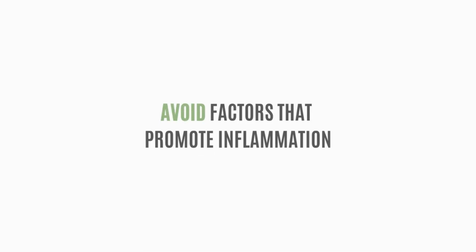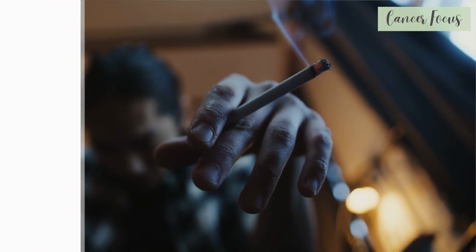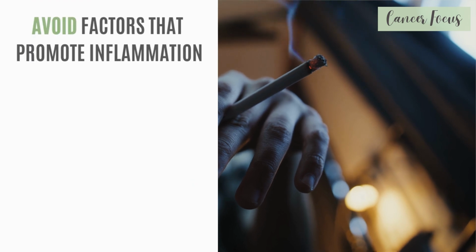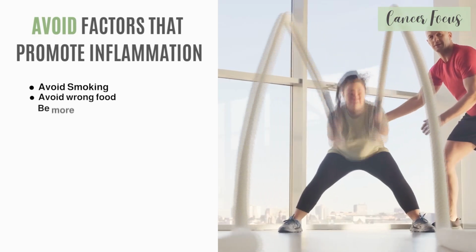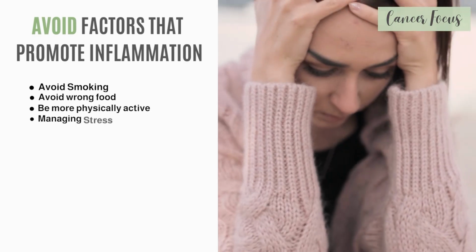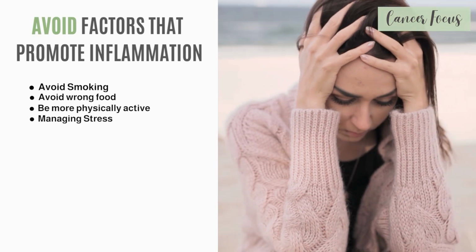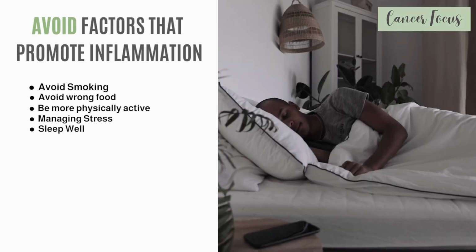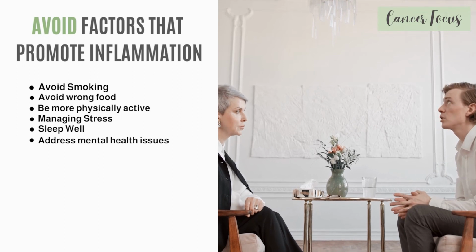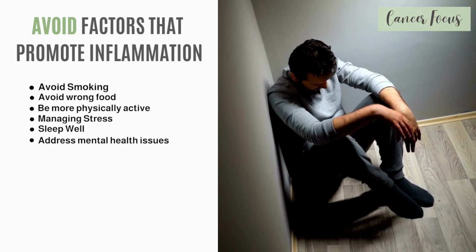So we need to avoid factors that promote inflammation, and this includes reducing or avoiding smoking, avoiding wrong food choices, being more physically active, reducing presence of stress in our life. If we have stress, then we need to learn to manage it well, sleeping well, and addressing mental health issues if any, for example depression.